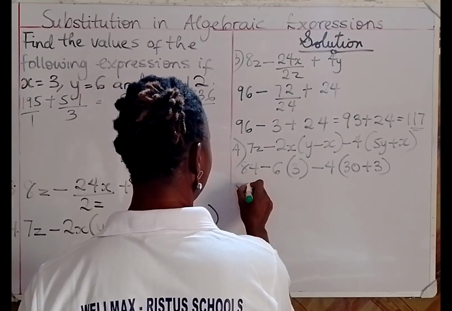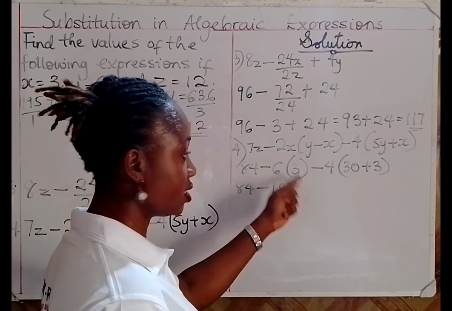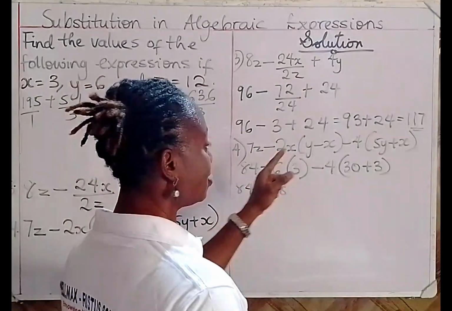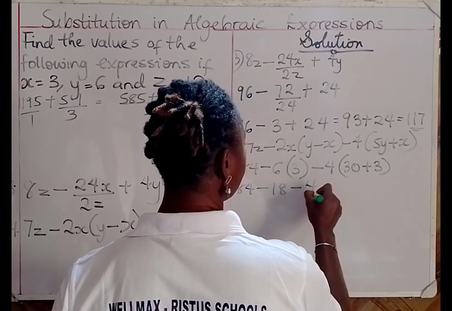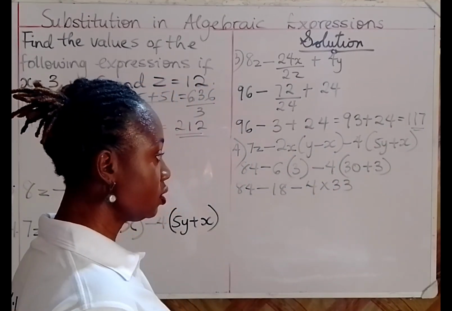So we have 84 minus 18. 6 times 3 is 18. Anyway, you see brackets with a number outside of it, means you have to multiply. So 6 times 3 is 18, minus 4 times 33, right?